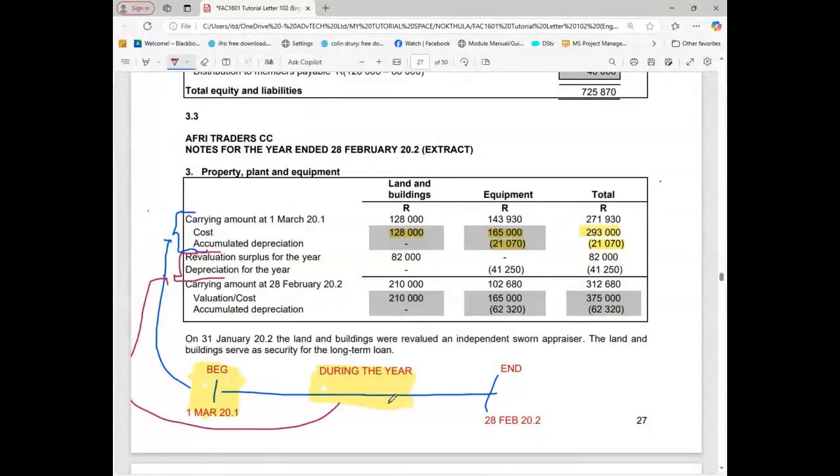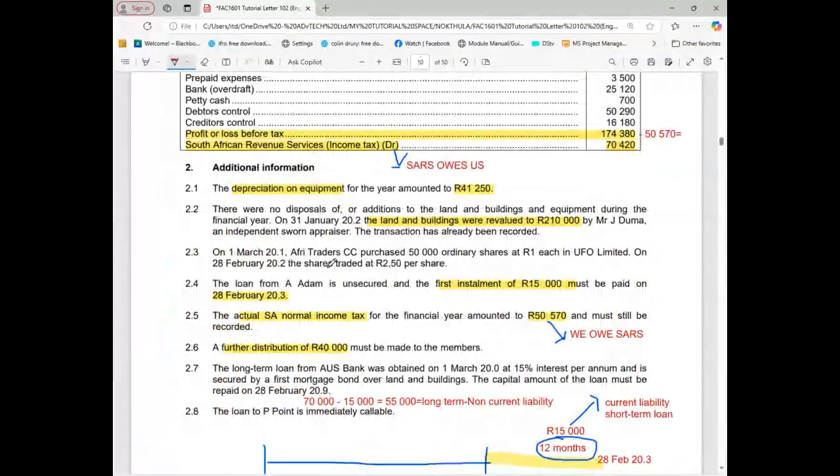So during the year, many things can happen. Like you said, we did revaluation during the year. Usually during the year, the information comes from this. You can see here, as you said, the revaluation took place and the depreciation took place.